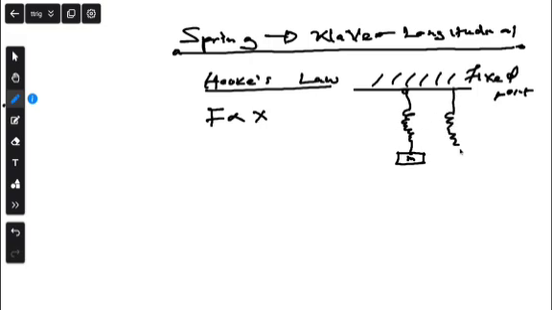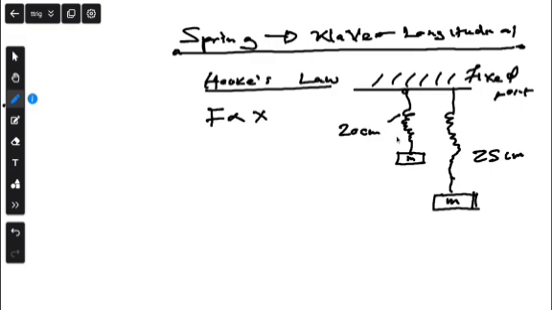Now what is going to happen here is that if this spring does not reach the elastic limit, when you talk of the elastic limit, it is the point of limitation of a spring. So if we say this spring here has an elastic limit of 20 centimeters, meaning if we put the mass M on this spring and it extends up to, let's say, 25 centimeters, meaning this spring can't go back to its original position because it has exceeded the elastic limit.